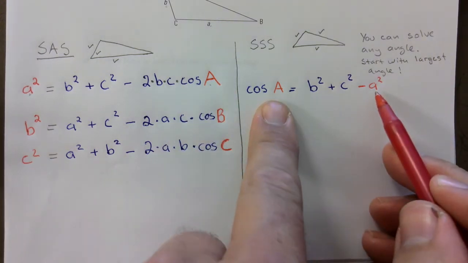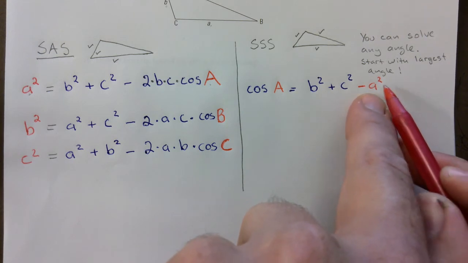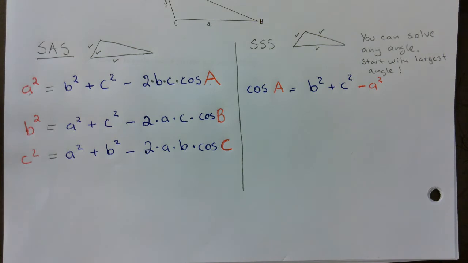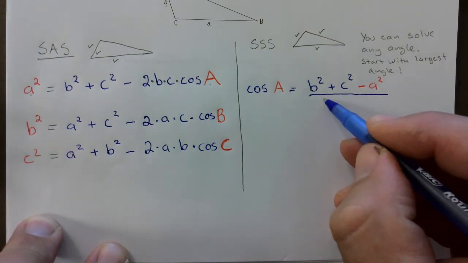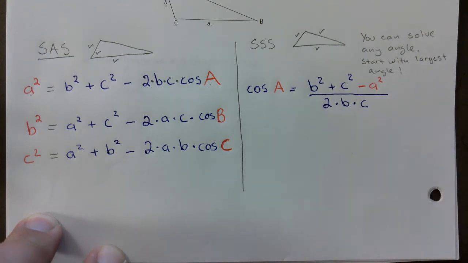If angle A is here, then the side across from it will be subtracted at the end here. And now I'm switching colors again, over 2 times b times c.